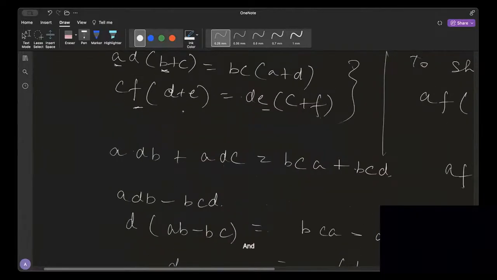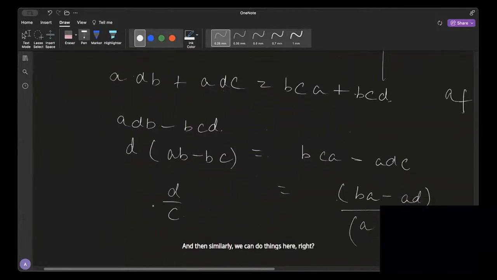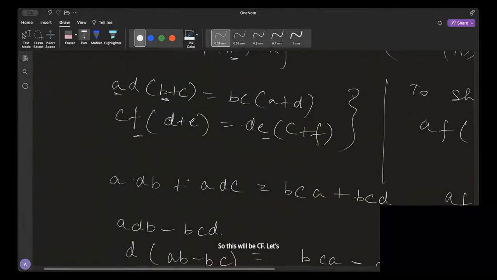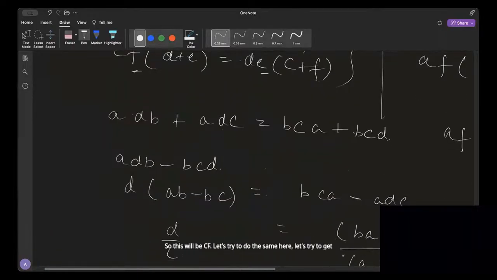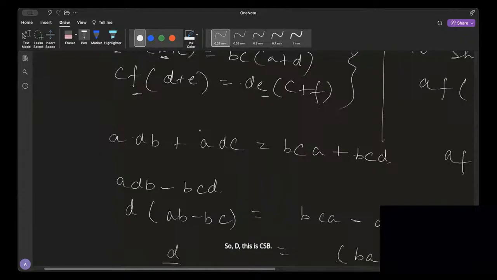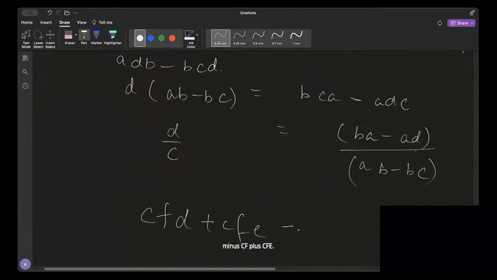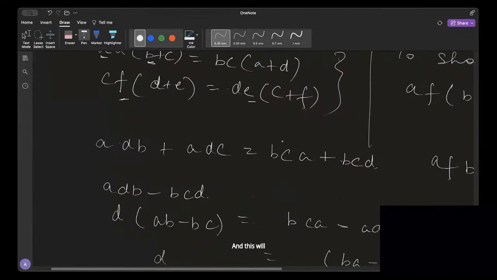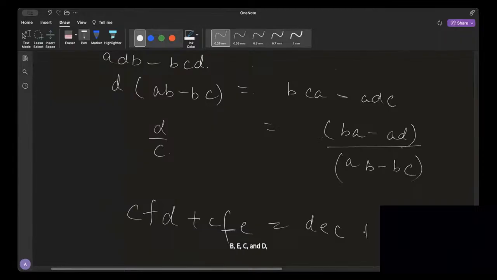And then similarly, we can do things here, right? So this will be CF. Let's try to do the same here. Let's try to get out D and C from this entire thing. So this is CFD minus CF plus CFE. And this will be DEC and DEF.